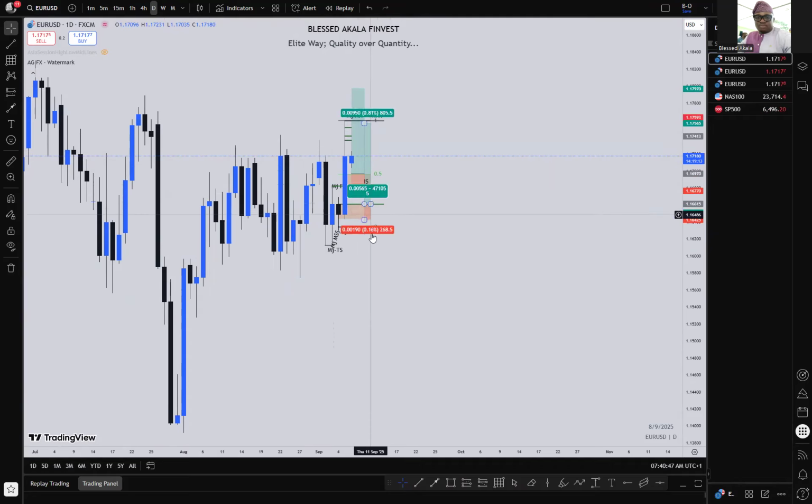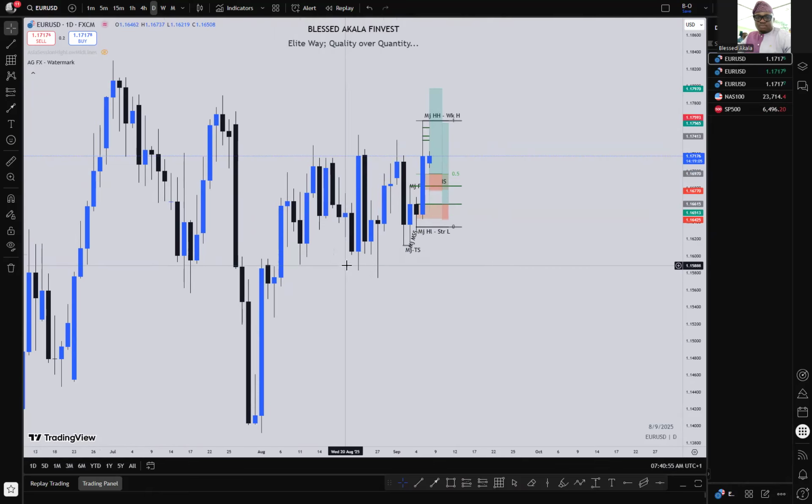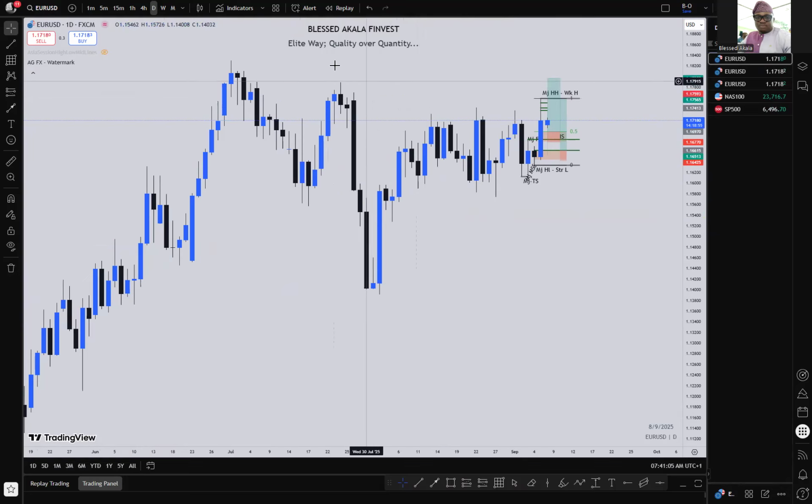And for us to buy from this level on daily, as you can see, we have these two places that we can partially buy from. But nonetheless, I'm not still trusting the buy like I'm trusting this up, because we've not been closing above, except we have a break of this bigger range.